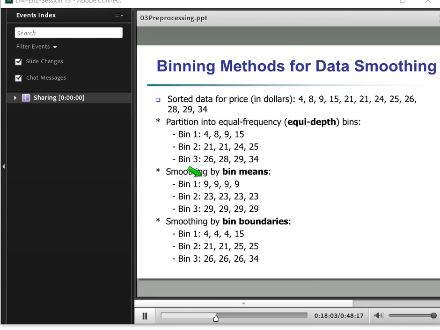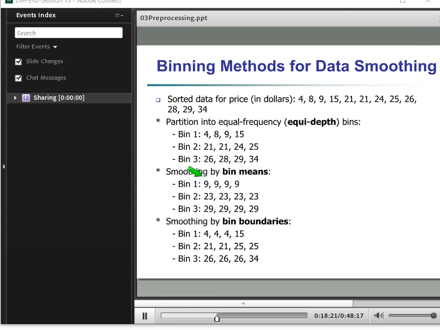For example, in our case, bin 1 consists of 4, 8, 9, and 15, and the mean value of these items is 9.